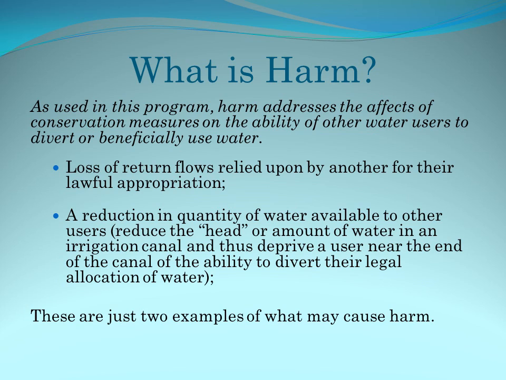So what is harm? As used in this program, harm addresses the effects of the conservation measures on the ability of another water user to divert or beneficially use water.